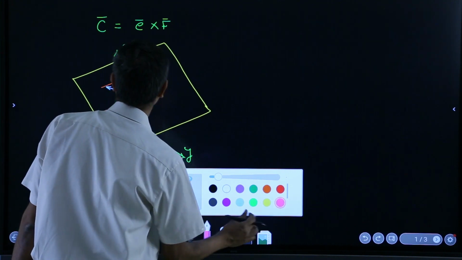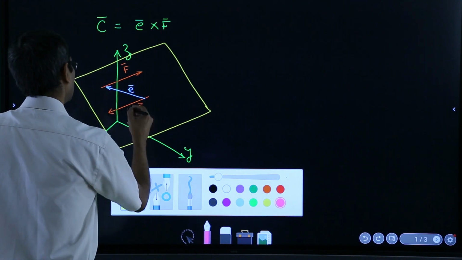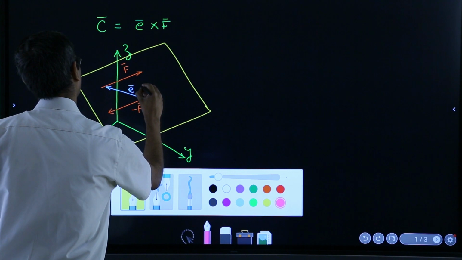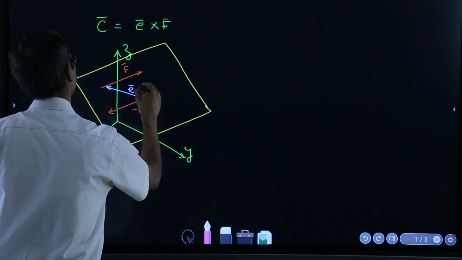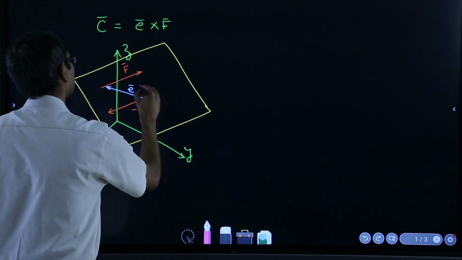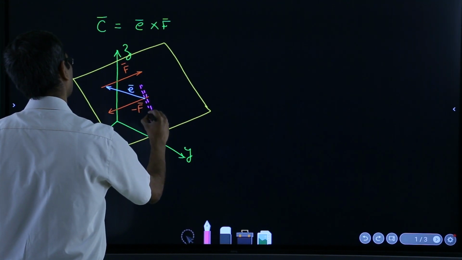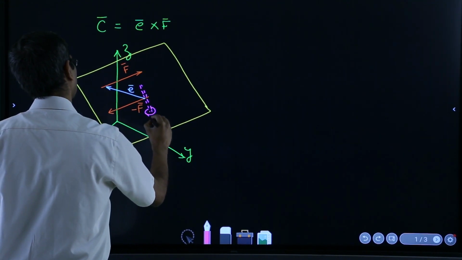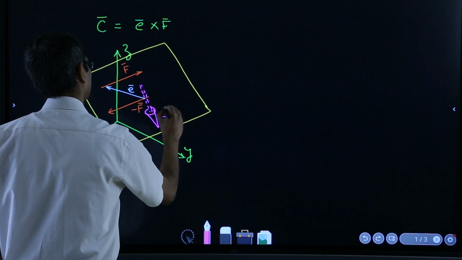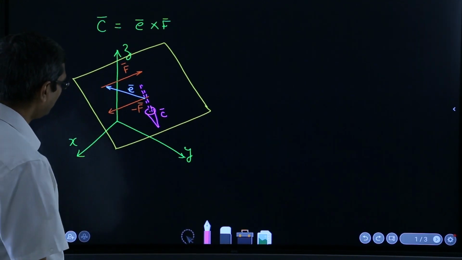So now this C I will try to draw inward, something like that. So, this is C, which is actually pointing downward.